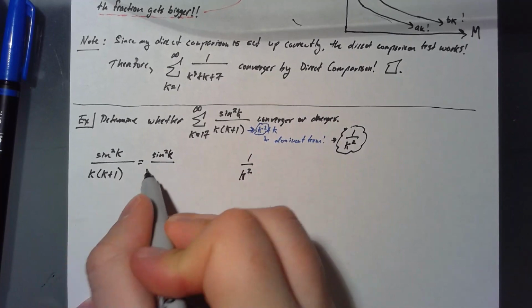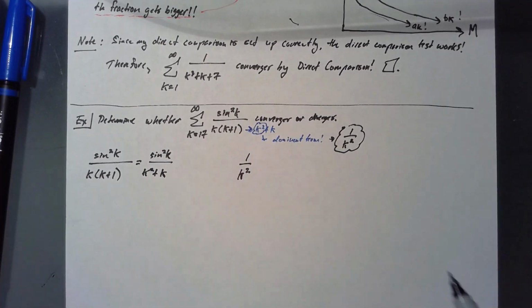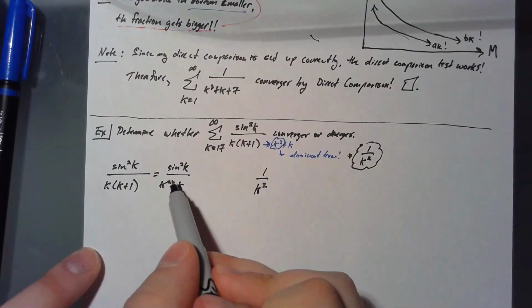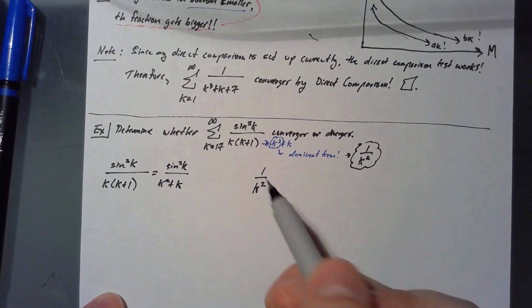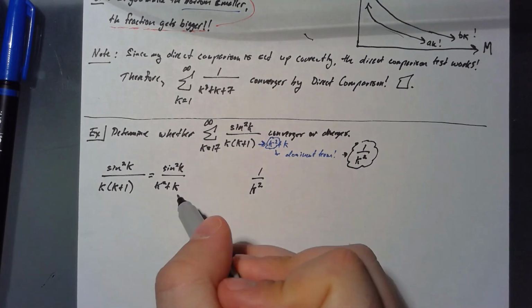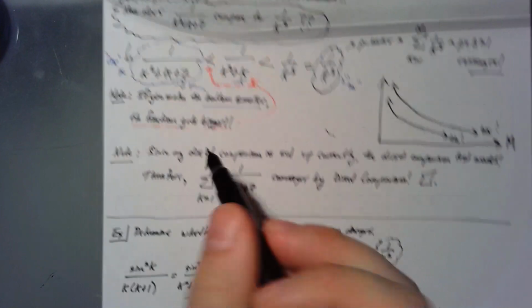let me multiply this out. Now, can I do the same thing I did up here? Sure. If I subtract k, what does that do to the fraction? Here's that note again.